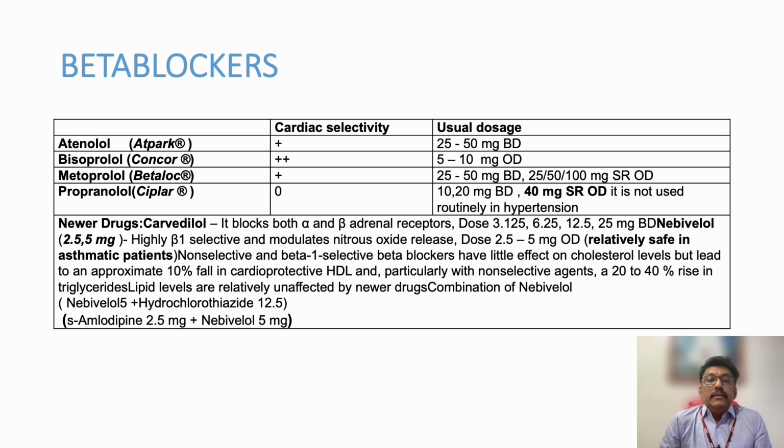Nebivolol and carvedilol are newer drugs that can be safely given in asthmatic patients also. The doses of these drugs are given here, but the most important use of beta blocker is hypertension with heart disease, hypertension with tachycardia, hypertension with ischemic heart disease, hypertension with myocardial infarction. Beta blockers are the best choice.